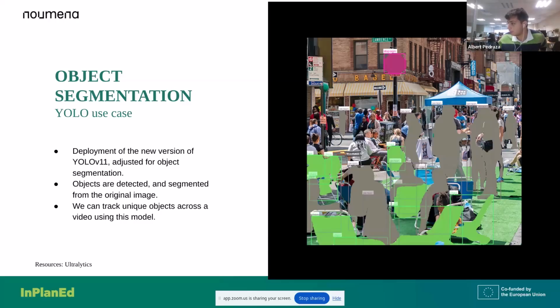In this case, the gray class is a person, the green class is a chair, and the pink one is a stop sign. It can be used in urban environments for tracking concrete objects and segmenting them from the original image.